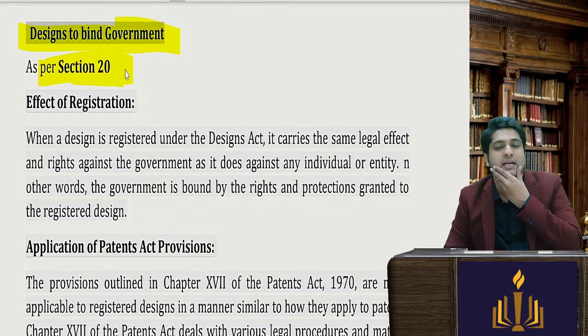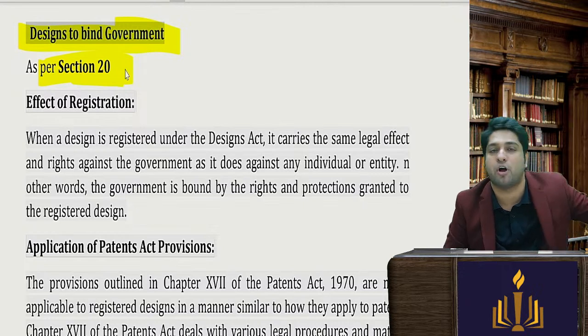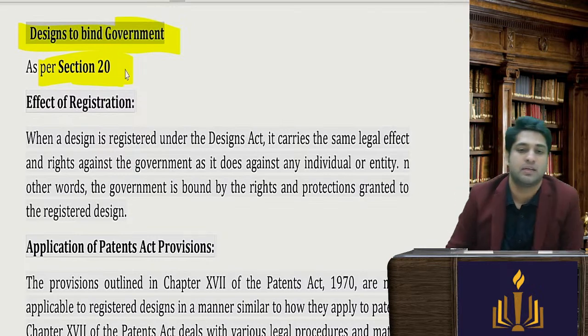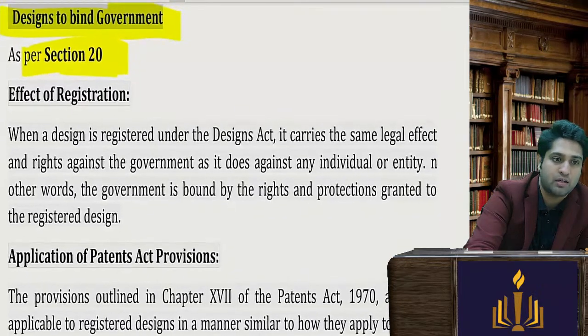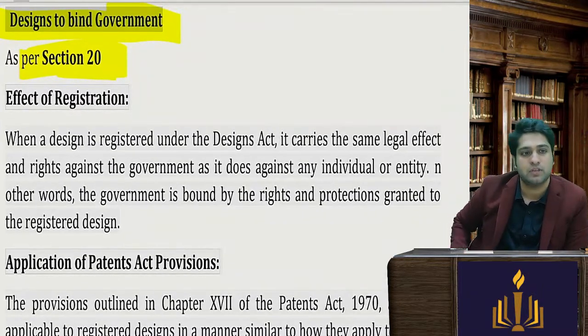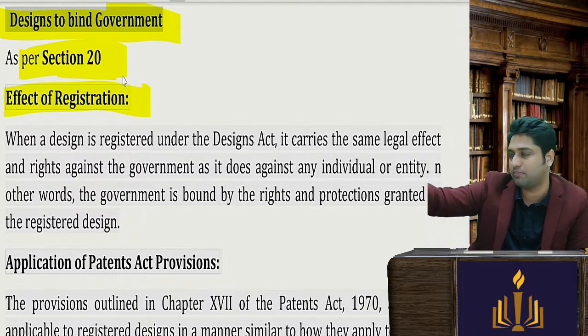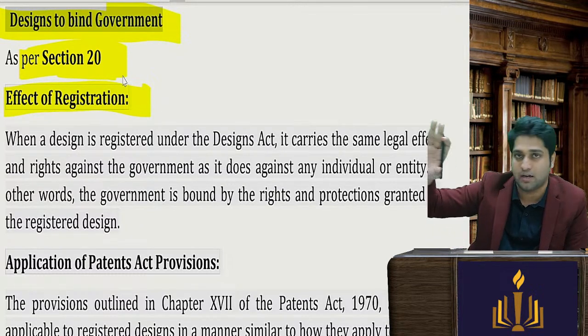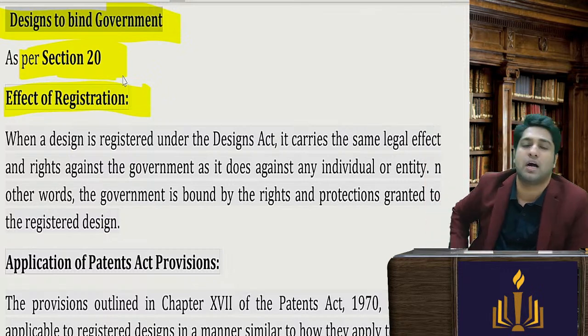What does it say? That the Designs Act gives you protection from individuals, but the same protection is also given against the government. That means the government also cannot come and use your product or design. The effect of registration gives you the same rights against the government as you have against others.